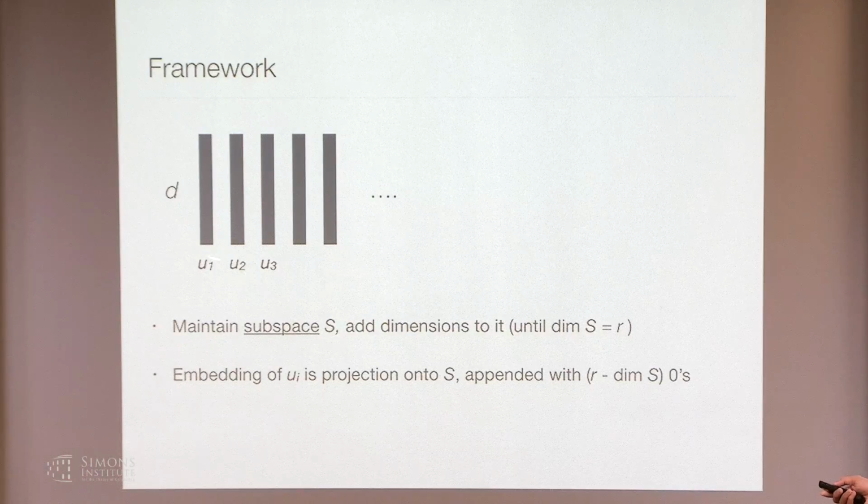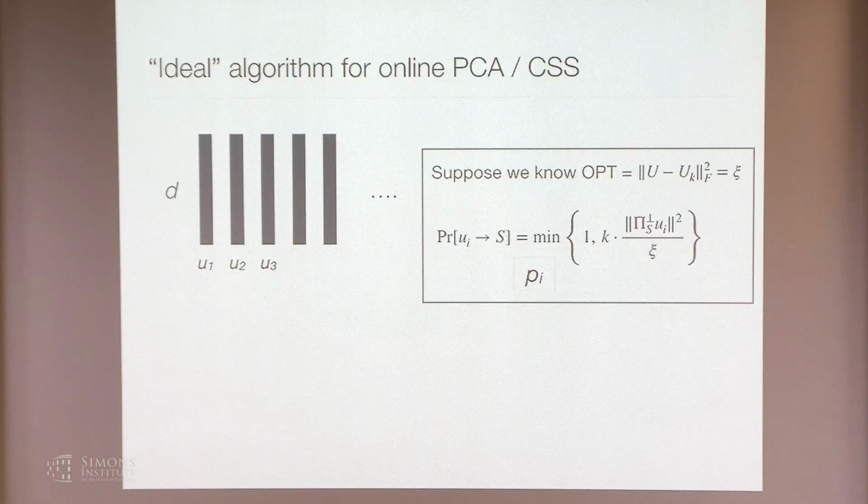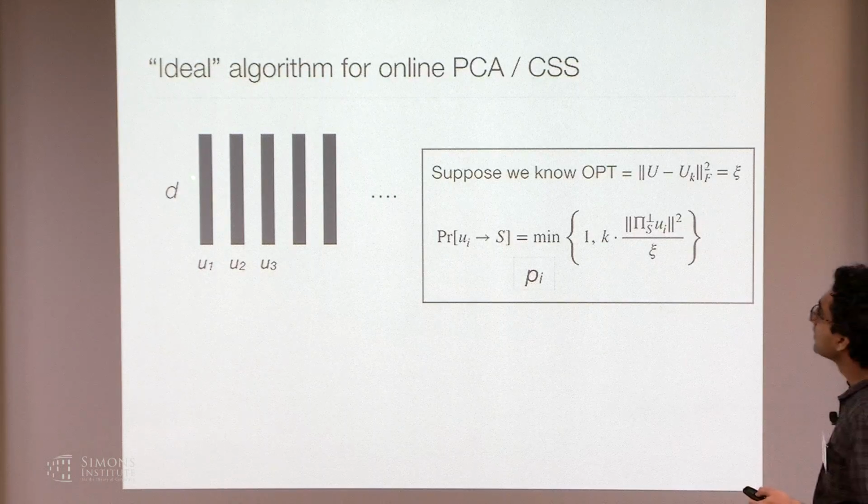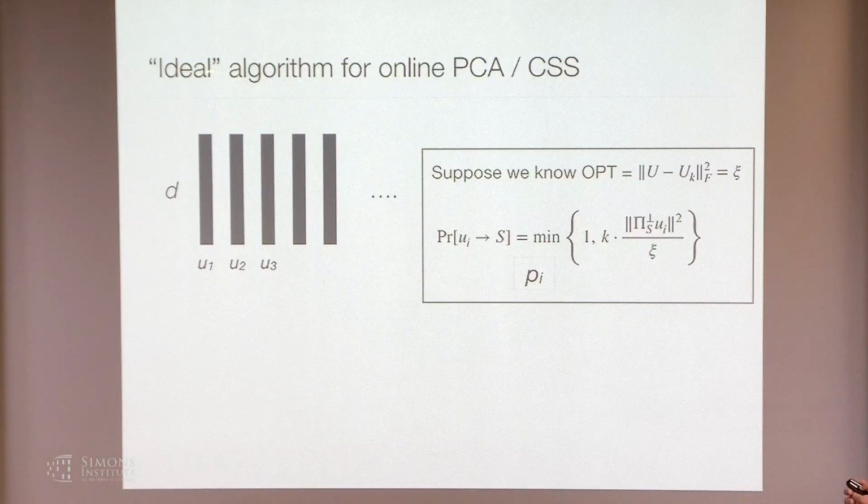Each time you get a vector, you embed it onto the S that you have so far, and you add some zeros so as to make sure you always output the same dimension. So the whole point is how do you pick this S? An ideal algorithm, if you want to be inspired by Meyerson completely, would be to do something like this.